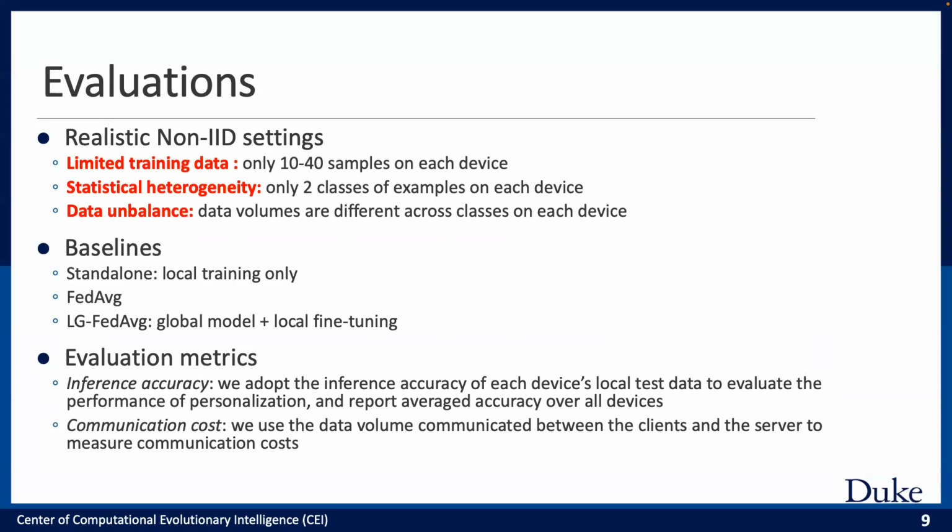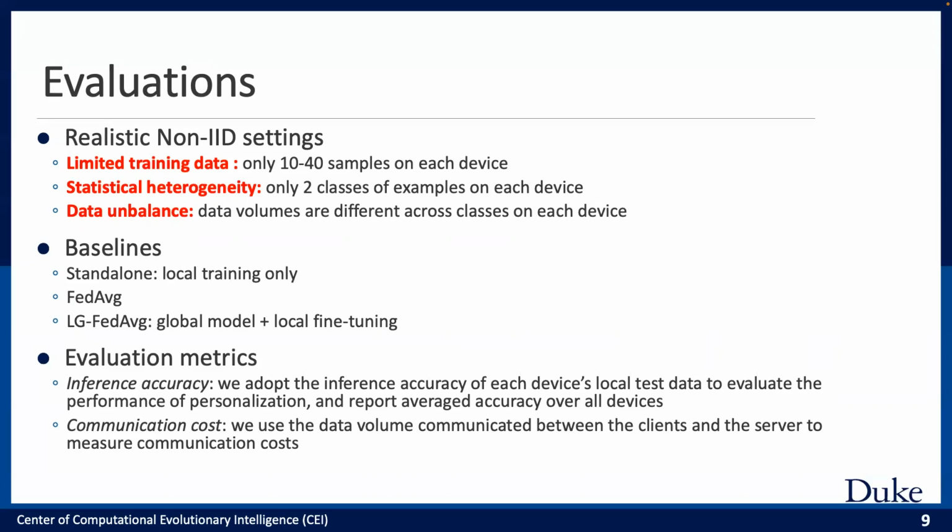Some papers show a large amount of training data on the device, and then the question becomes, even if you have good performance, why do you need federated learning? That's unrealistic. We have heterogeneity here: only 2 classes of samples on each device, because that also represents the real case. If you have sufficient training data, why would we need federated learning?